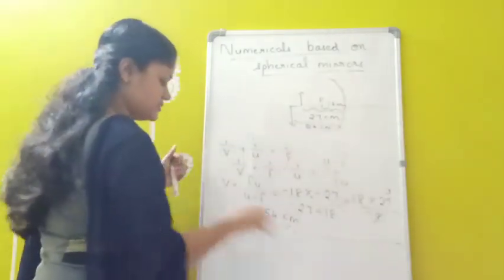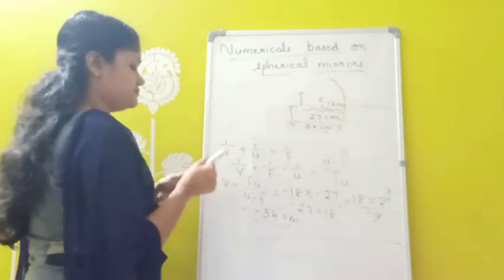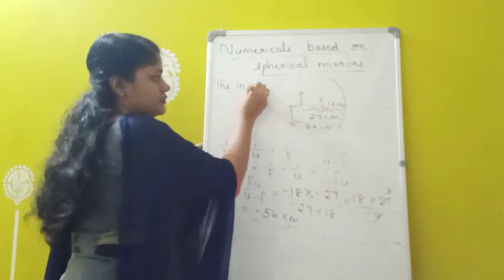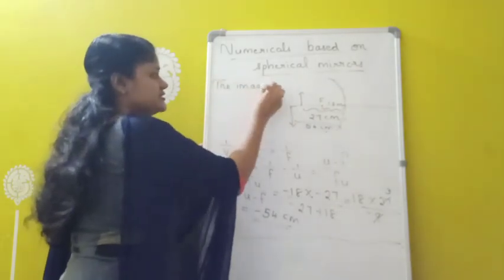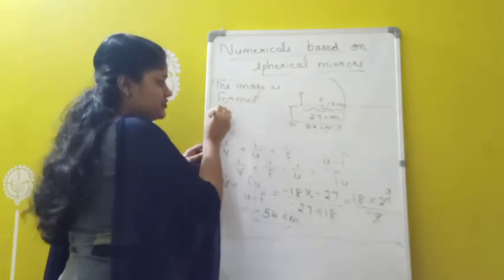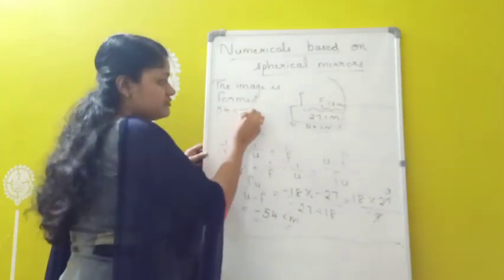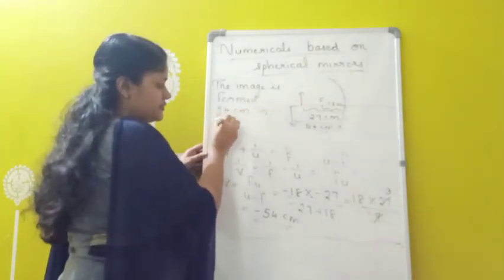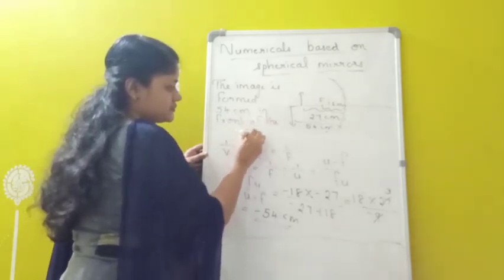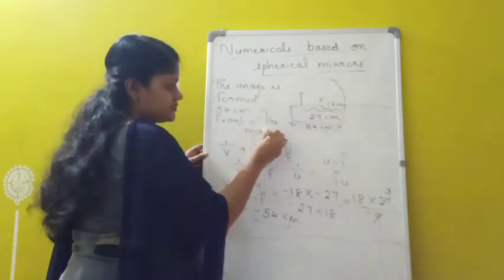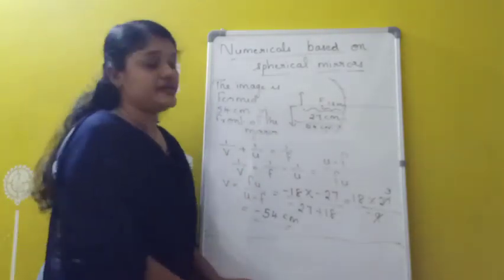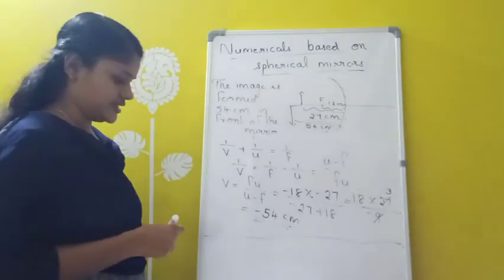So we can write: the image is formed 54 centimeter in front of the mirror. That is sure. Whenever we get the image in front of the mirror, it may be a real and inverted image.